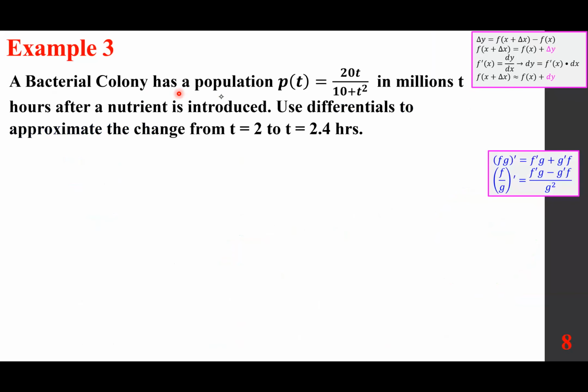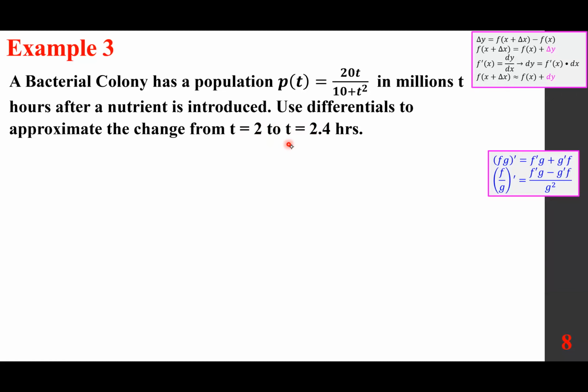A bacterial colony has a population of P of t equals 20t over 10 plus t squared in millions, t hours after the nutrient is introduced. Use differentials to approximate the change from t equals 2 to t equals 2.4. So t is 2, dt, the change in t, is 2.4 minus 2 or 0.4.